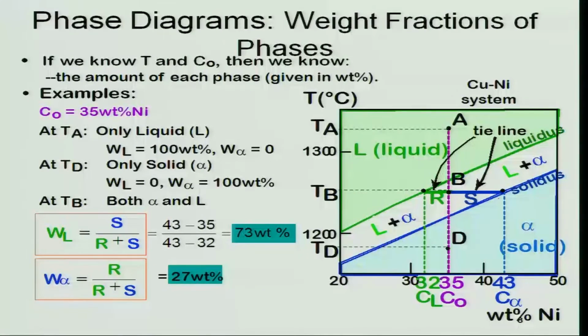R is 35 minus 32, which is 3, divided by 43 minus 32, that is 11, so 3 by 11 is nothing but 27%. So this is the way the lever rule can be applied. I will solve some other problems later on and tell you how to do that.